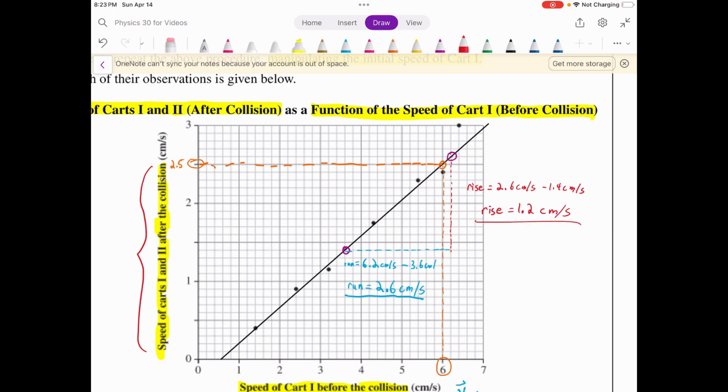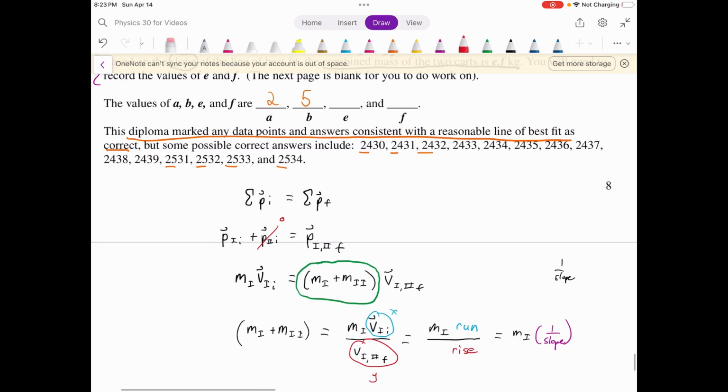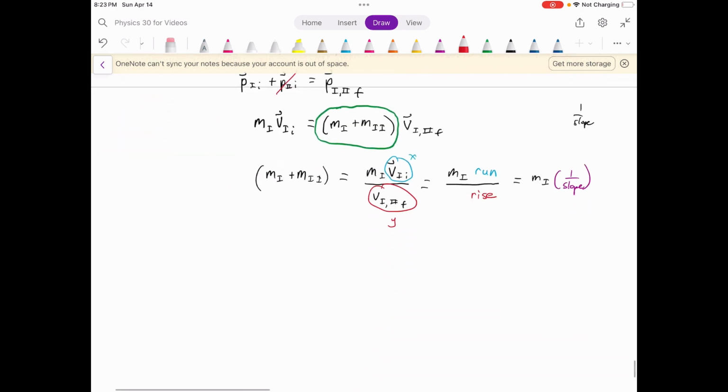All right, we've got our rise, we've got our run. We already let the equation tell us what to do with them, right? So here we go. We're about to do it via graphical analysis. So their combined mass, mass 1 plus mass 2, we said was going to be equal to mass 1 times run over rise, okay? So times run over rise.